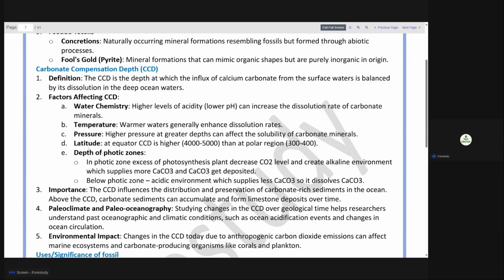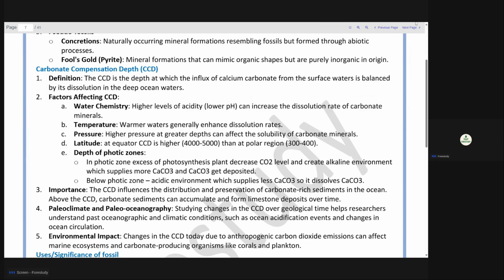Then the depth of photic zones. In photic zones, excess photosynthesis by plants decreases the CO2 level. So what is a photic zone? Let me shift. Do I have a diagram of the photic zone? Okay, I'll just show you the diagram here.